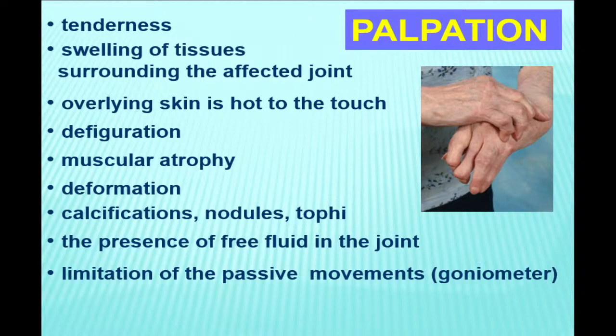When we palpate joints, we'll put one hand on the examined joint, the other hand on the nearest joint, and check all functional activity in different directions, which is characteristic for any joint.